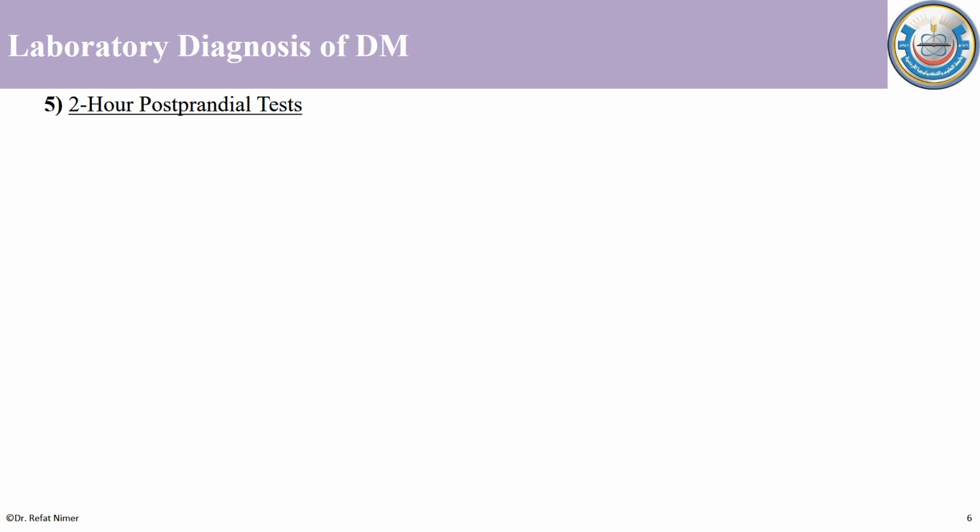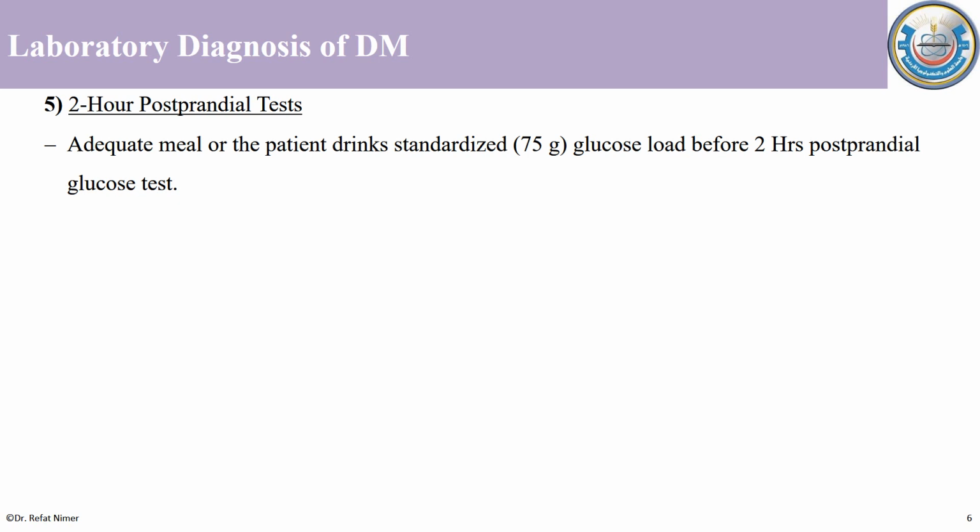Also, another test, 2-hour postprandial tests. This is adequate when we have an adequate meal or a patient drinks a standardized 75 gram glucose load before the 2 hours postprandial glucose test, and the glucose measurement is taken 2 hours later.